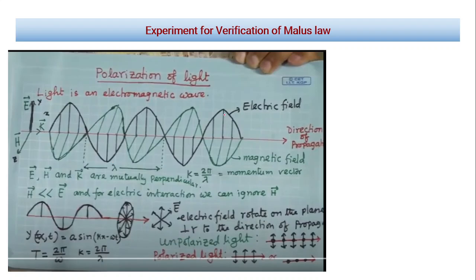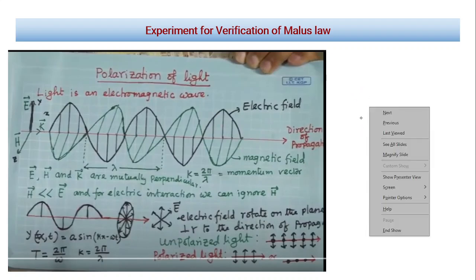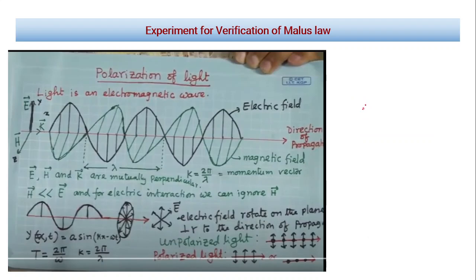When this happens, the electric field is not only varying in one direction. If I'm drawing this dot, what this means is, if light is going into the screen right now, then the electric field will be varying in this direction and this direction, and in all possible directions.